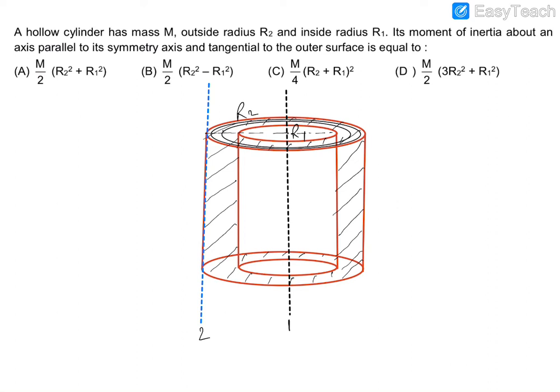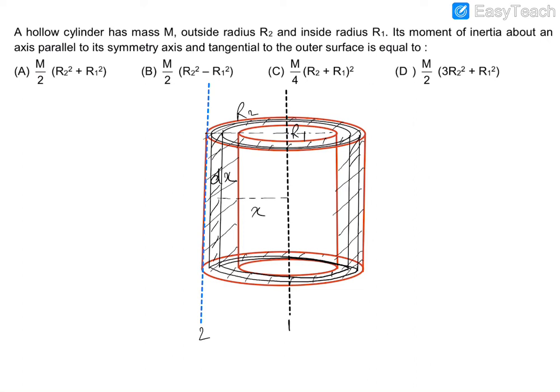So this is an elemental cylinder and you can see that this cylinder has a radius of x and width of dx.